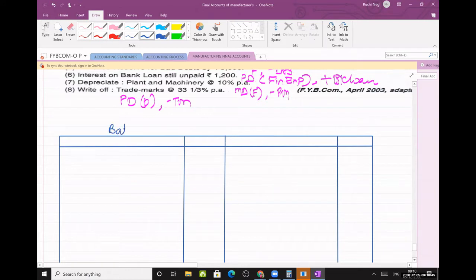Let's give the heading balance sheet on 31st December 2013. Assets, liabilities, amount column.